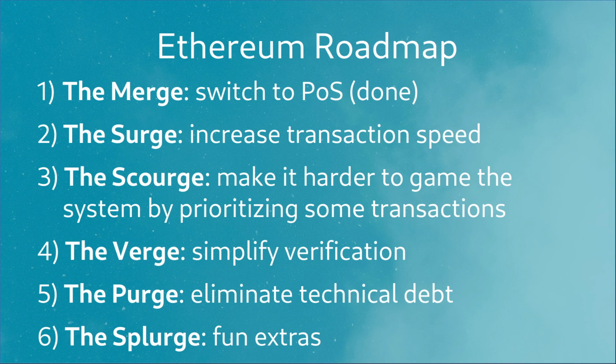The scourge is about making it harder to game the system. So what you have now in theory in the Ethereum blockchain is, if 2 people want to do something at the same time, one of these people can actually try to have his transaction take priority over the transaction of the other person.